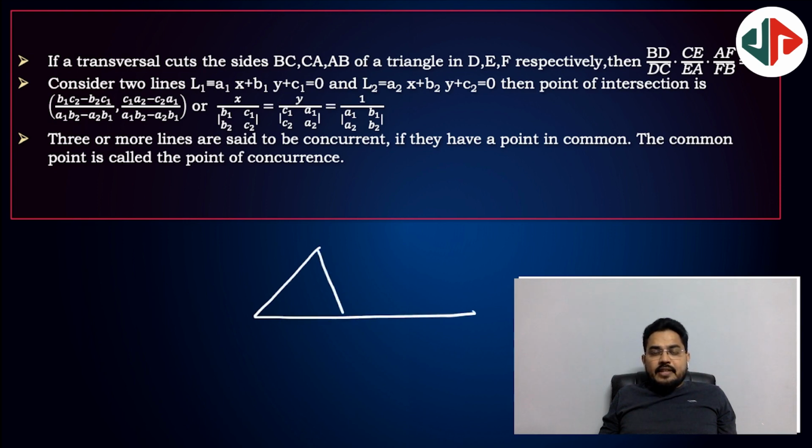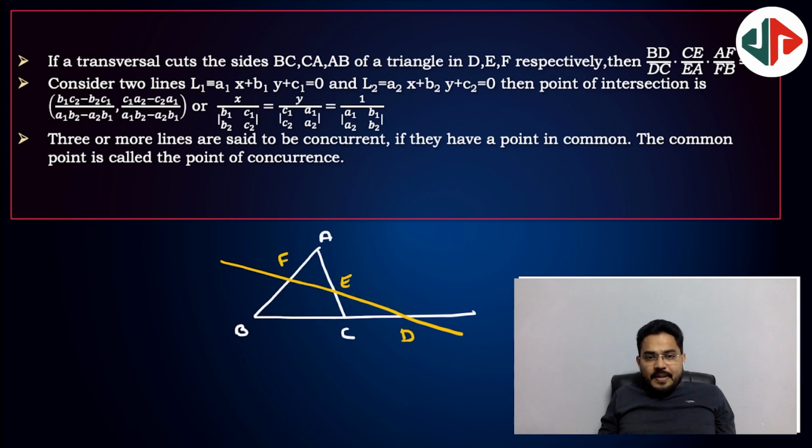Let me take the triangle like this, ABC, and a transversal means a line which is cutting these three: BC at D, CA at E and AB at F. Then BD by CD, or BD by DC, into CE by EA into AF by FB is equal to -1.